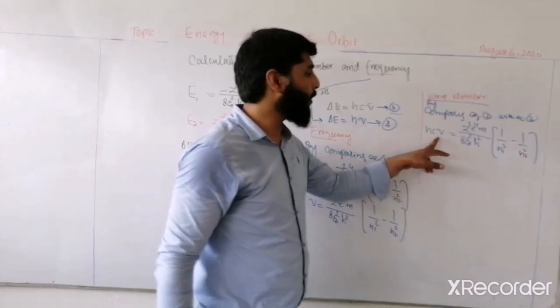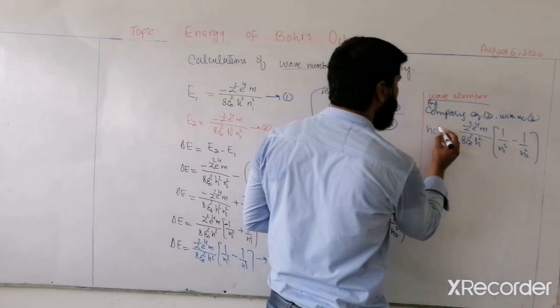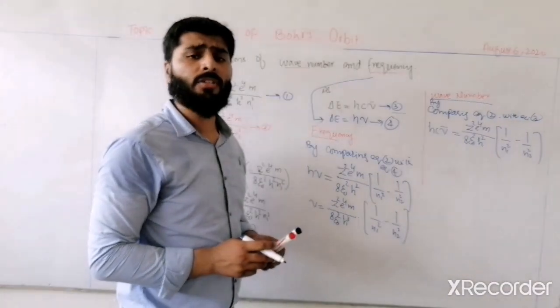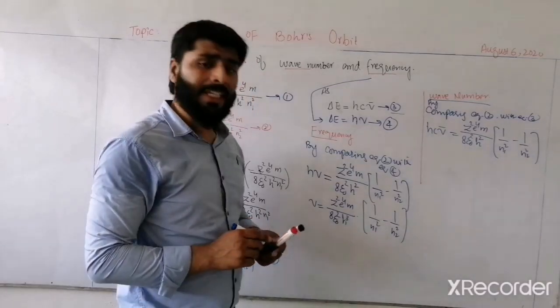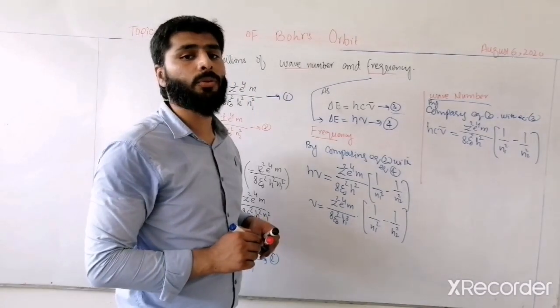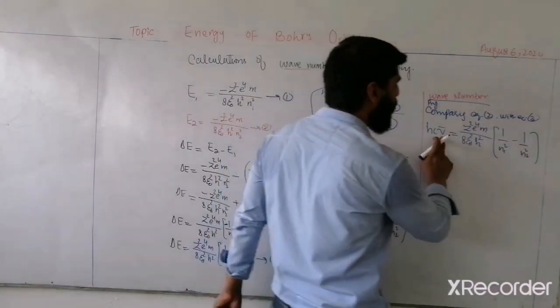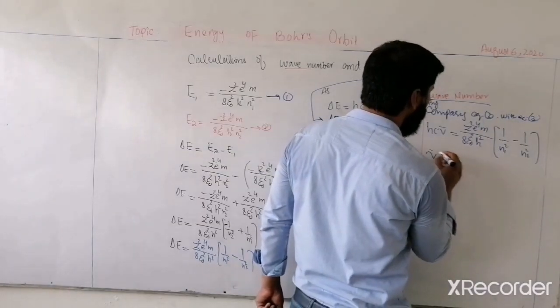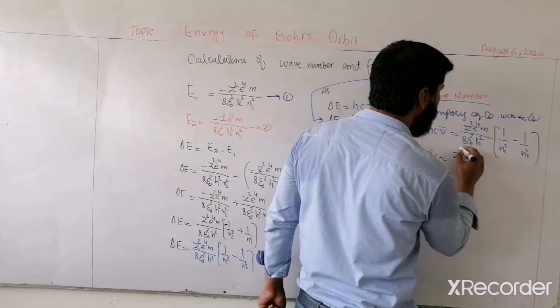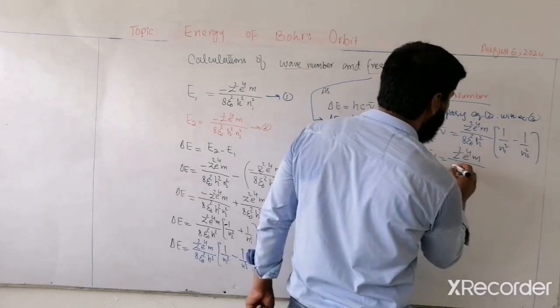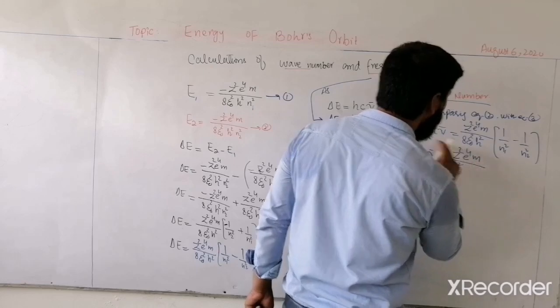It is h c nu bar. Nu bar is the wave number. And what is wave number? Wave number is the number of waves passing through unit area. So you are interested in finding nu bar, which is equal to Z square e^4 m divided by 8 epsilon naught square h.